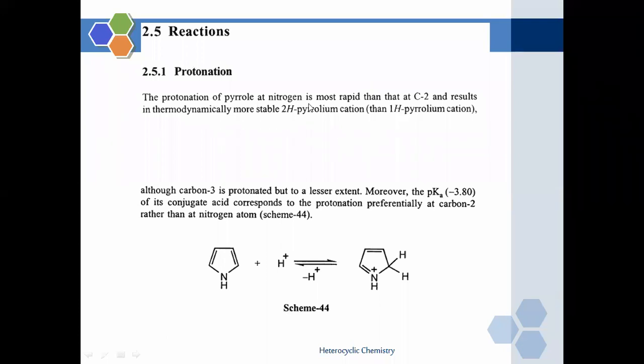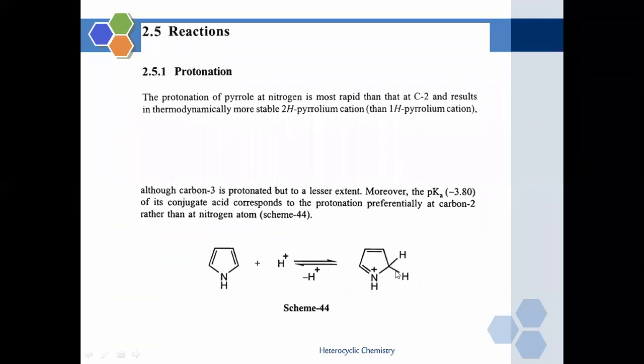The protonation of pyrrole at nitrogen is more rapid than that at carbon 2. So protonation at the nitrogen atom is more favorable than protonation at carbon number 2. Sometimes the protonation will happen at carbon number 3, but to a lesser extent. Generally, the protonation will happen at the nitrogen atom and at carbon number 2.